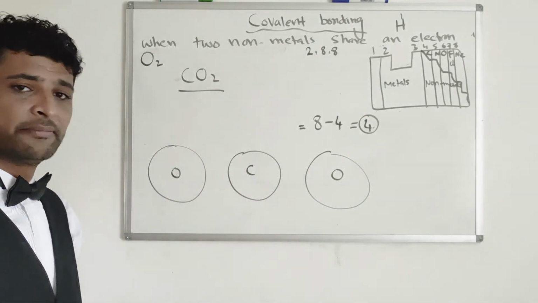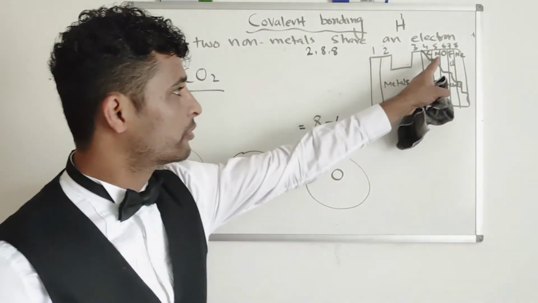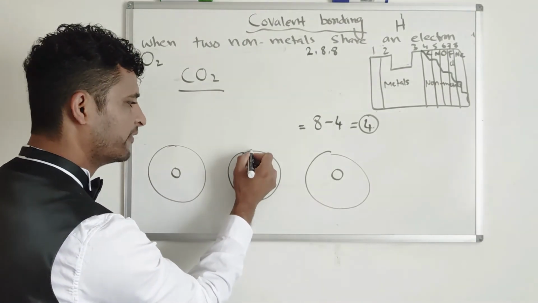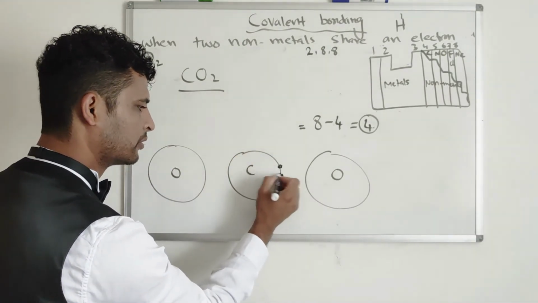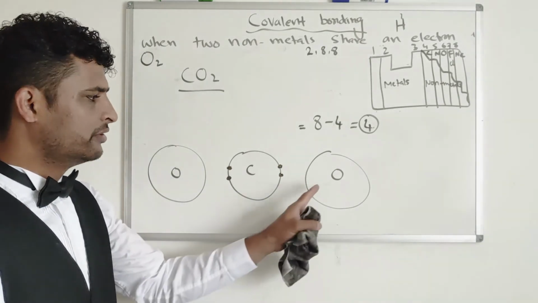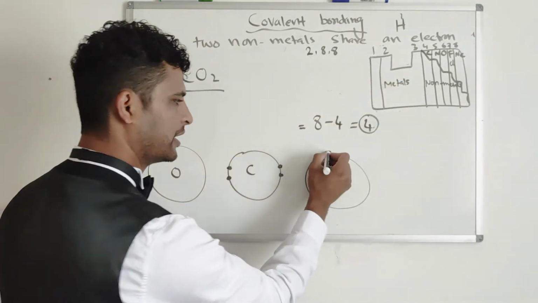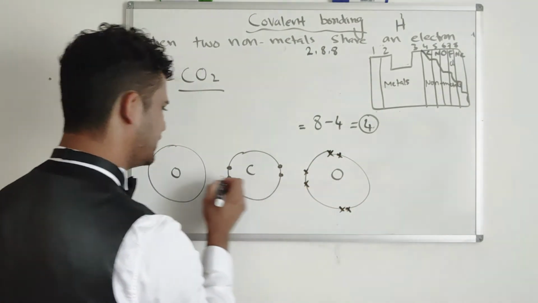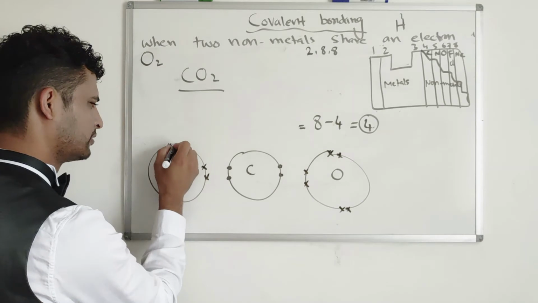So it's completely empty. You will go back to the periodic table, see it's column number 4, so you will write down 4 electrons in the outer shell of carbon. Then you will go back to oxygen. Oxygen has 6 electrons in the outer shell, so you leave it there as it is.